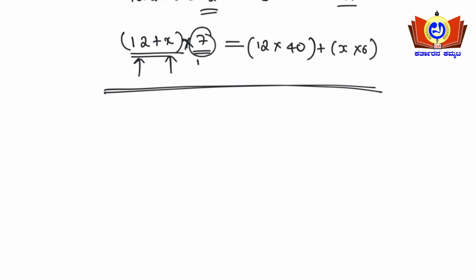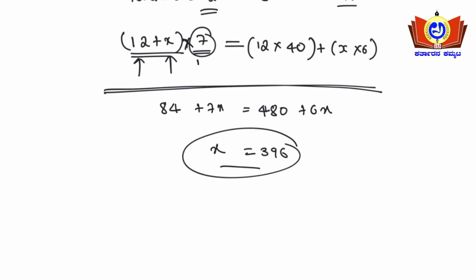Okay, see here, upon solving this, 84 plus 7X will be 480 plus 6X. 12 into 40 is 480, so 480 plus 6X. 7X minus 6X will be X, and 480 minus 84 will be 396.